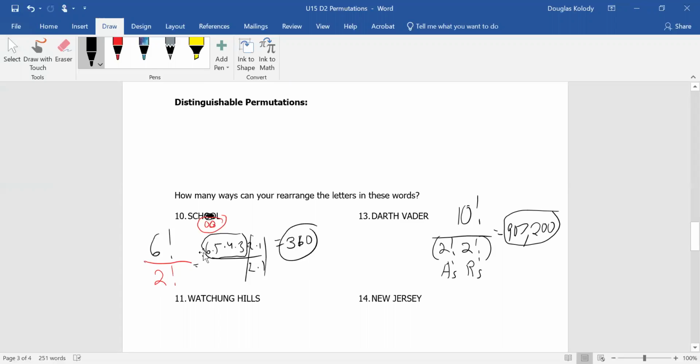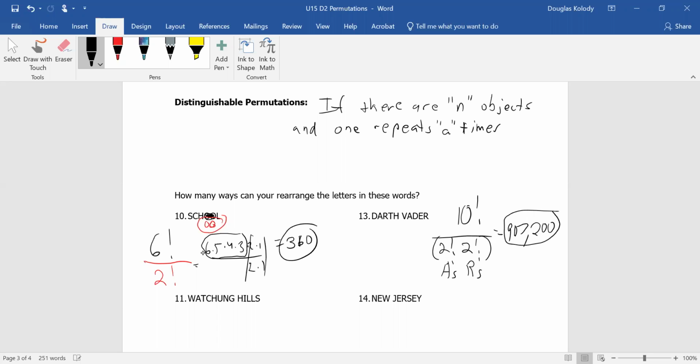How do I do a distinguishable permutation? If there are, let's just say, n objects and one repeats, let's just say A times, and I'll say another repeats B times, and so on and so forth.